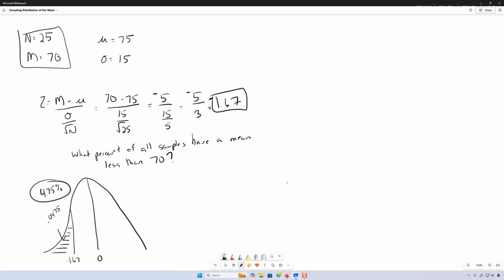Eventually we're going to have cutoff z-scores, and if your z-score is greater than the cutoff z-score, or less than the negative version of it, you're going to reject.